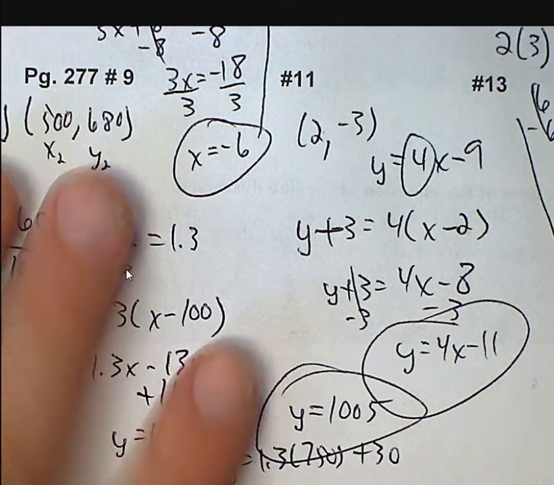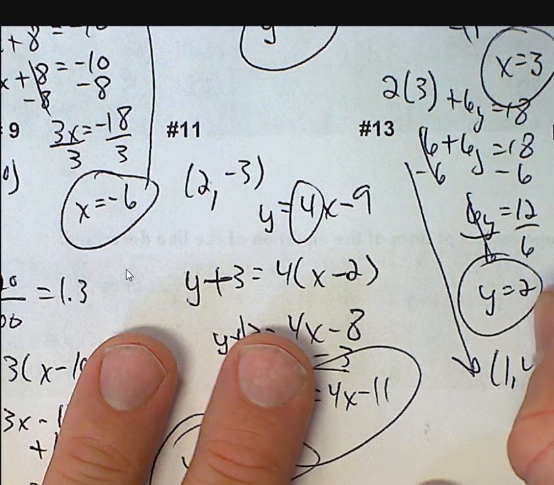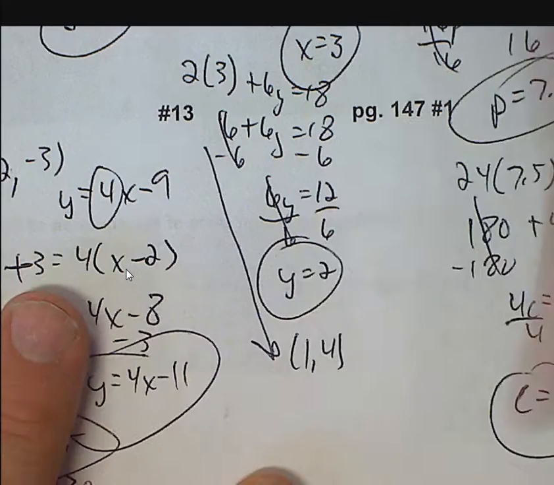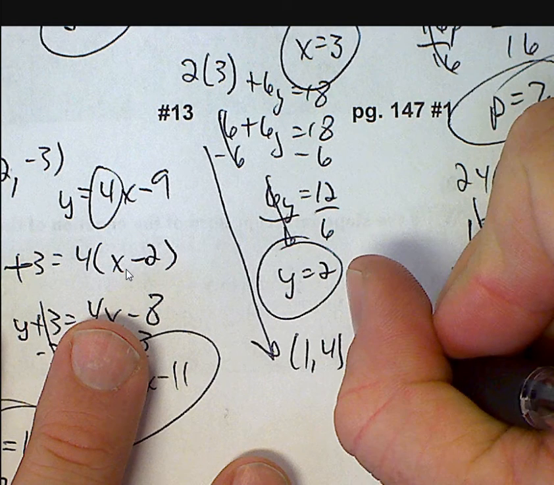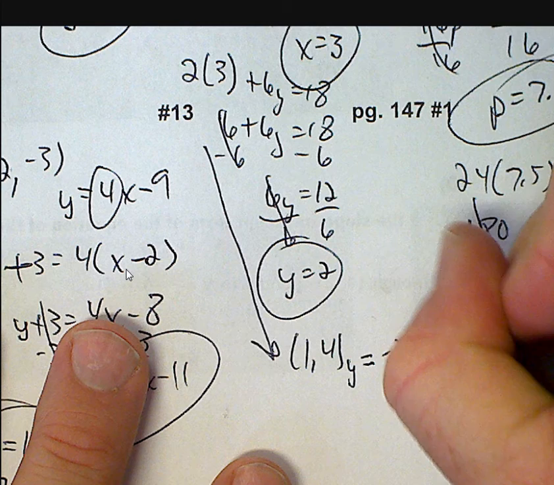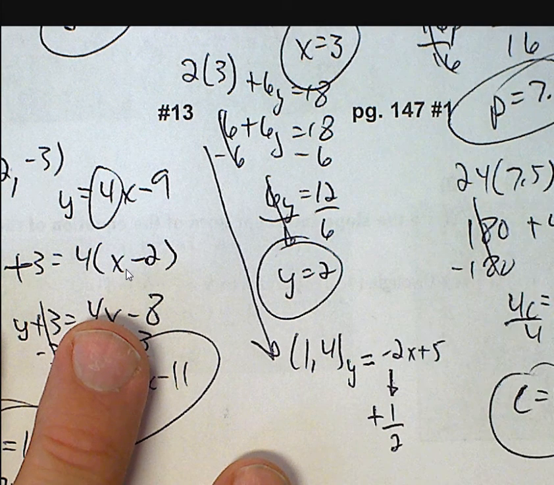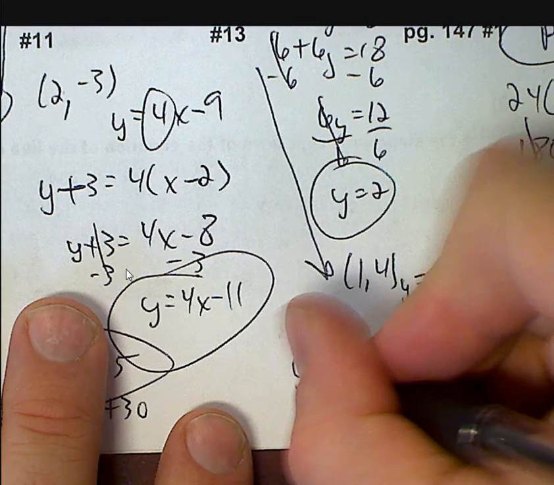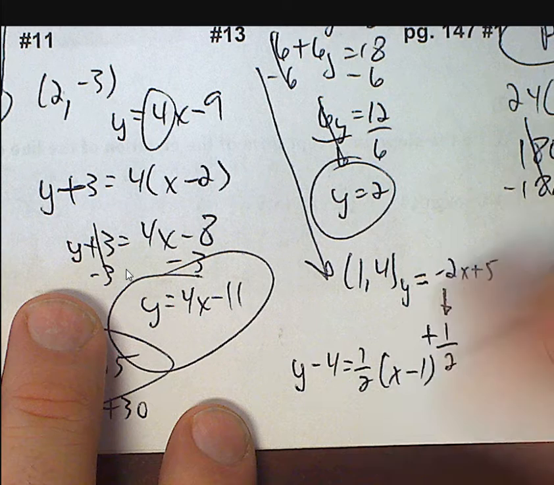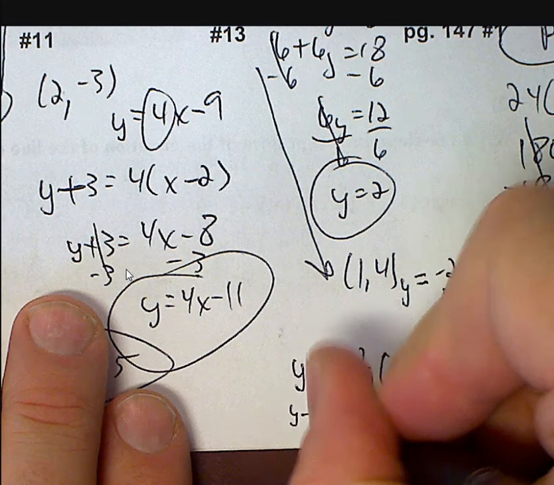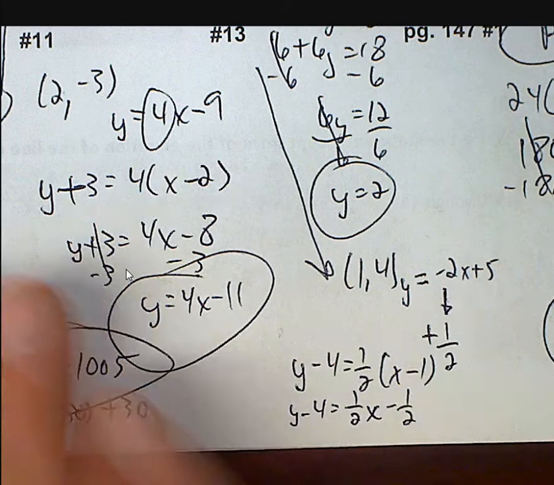Number 13. Now they want perpendicular. They give me (1, 4) as my point, and they want perpendicular to y equals -2x plus 5. So perpendicular would be positive 1 over 2 for my slope. So y minus 4 equals 1 over 2 times (x minus 1). y minus 4 equals 1/2 x minus 1/2.